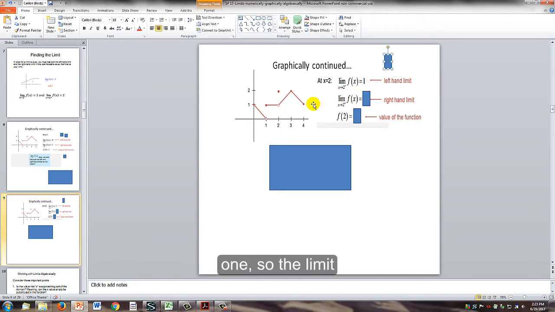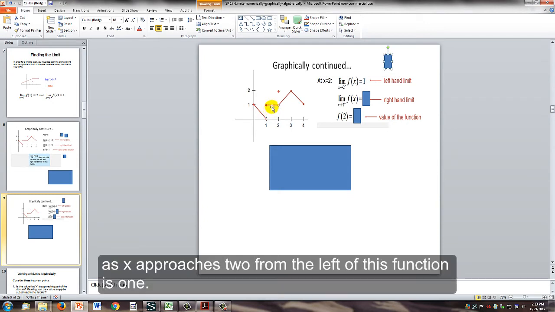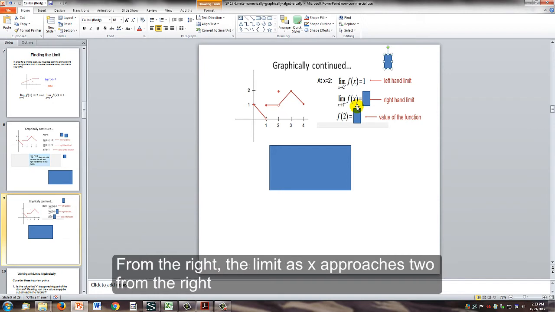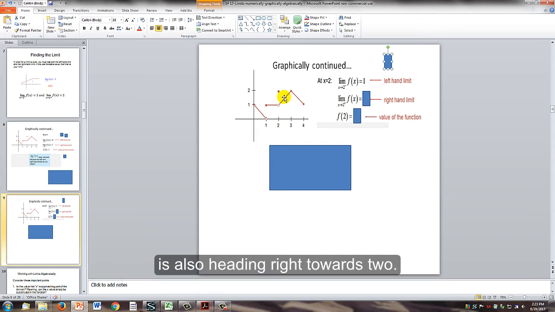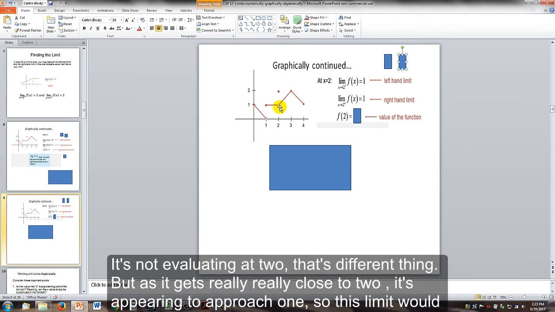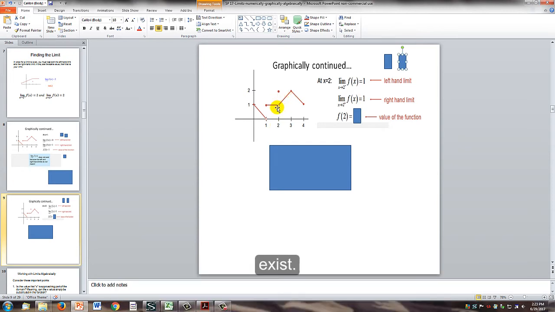So the limit as x approaches 2 from the left of this function is 1. From the right, the limit as x approaches 2 from the right is also heading right towards 1. It's not evaluating at 2, that's a different thing, but as it gets really close to 2, it's appearing to approach 1. So this limit would exist.